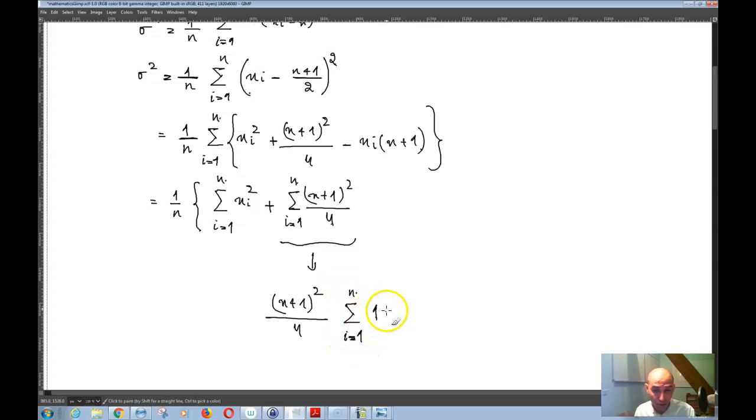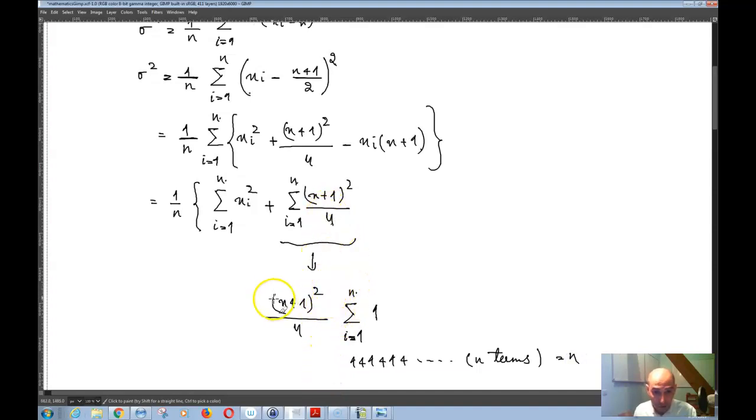When i is equal to 2, this remains 1. When i is equal to 3, this remains 1. And even when i is equal to n, this remains 1. So the meaning of this expression is 1 plus 1 plus 1 plus 1 all the way up to n terms, which is equal to n, right?